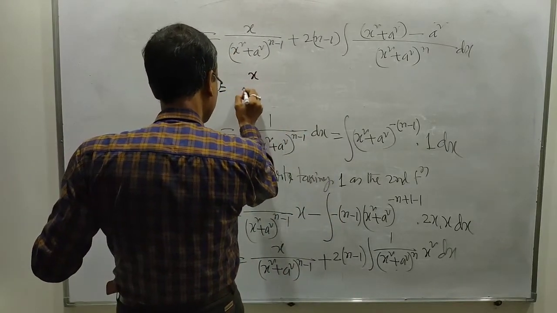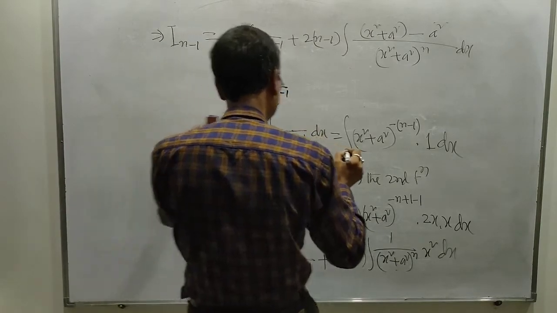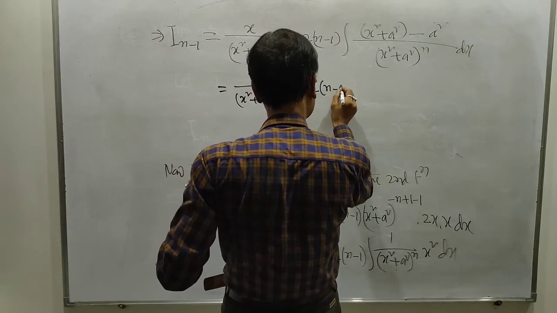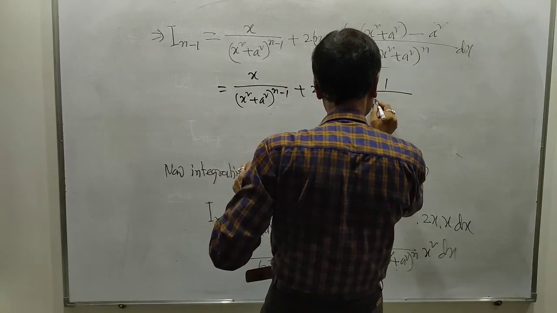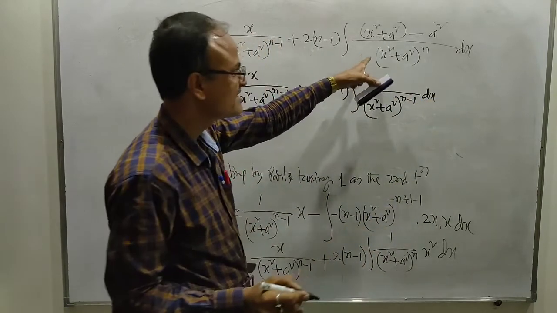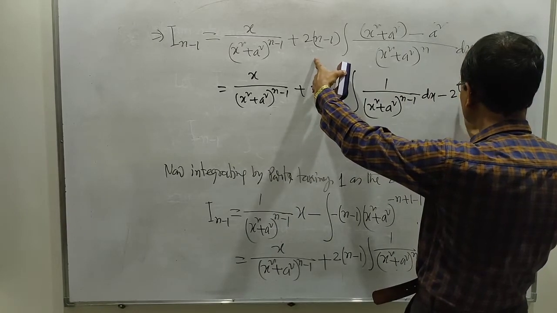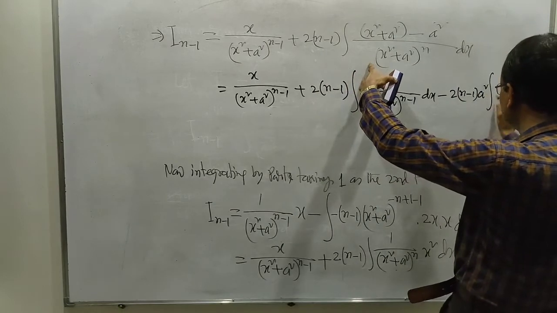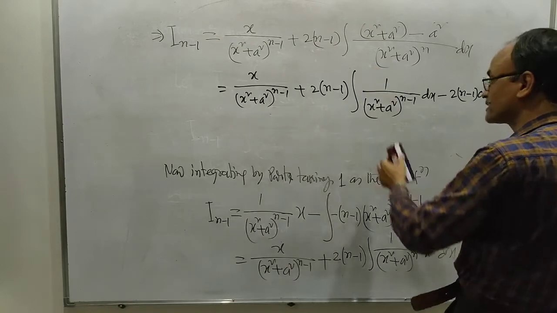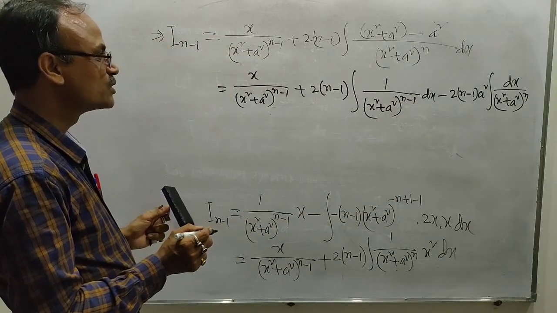This is equal to x divided by (x² + a²)^(n-1) plus 2(n-1) times the integral of 1 divided by (x² + a²)^(n-1), minus 2(n-1)a² times the integral of dx divided by (x² + a²)^n.